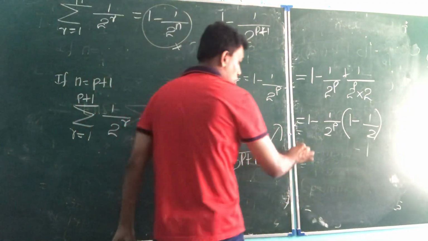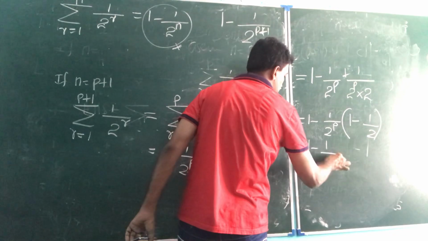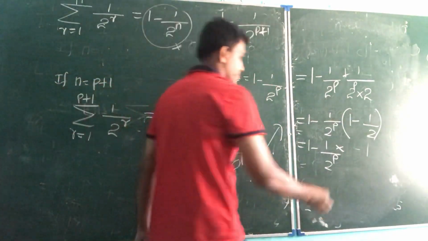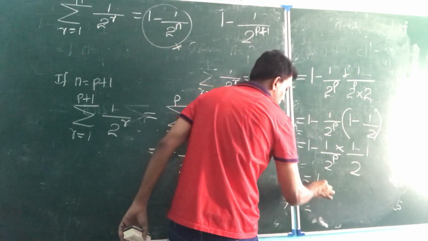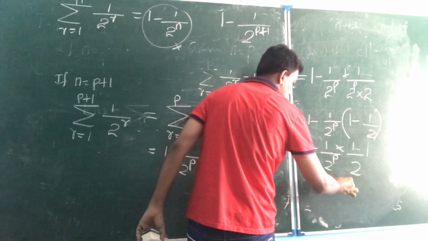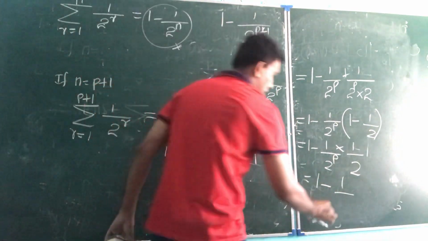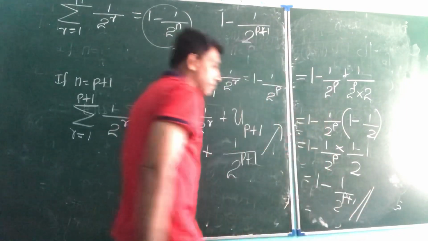So therefore, 1 minus 1 over 2 to the power p, what is in the bracket? 1 minus half. So therefore, 1 minus, here 1 times 1, 1. Bases are the same when you multiply at the power. What is the requirement?